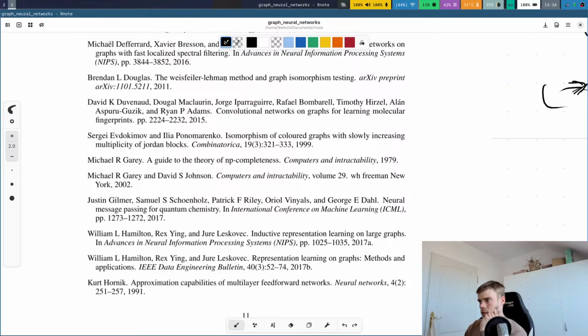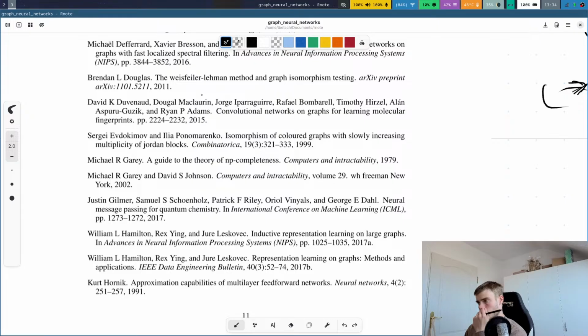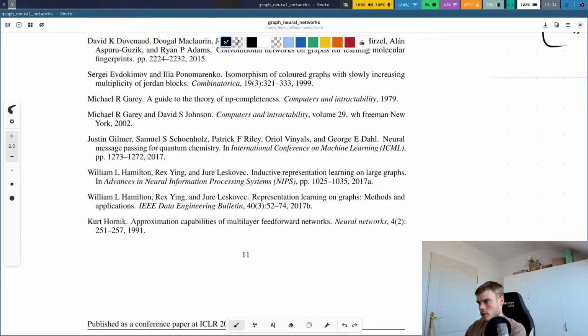The Weisfeiler-Lehman method and graph isomorphism testing. So this might be interesting to look into, but okay. Convolutional networks on graphs for learning molecular fingerprints. Isomorphism of colored graphs with slowly increasing multiplicity of Jordan blocks. I have no idea what that means. A guide to the theory of NP-completeness, okay.